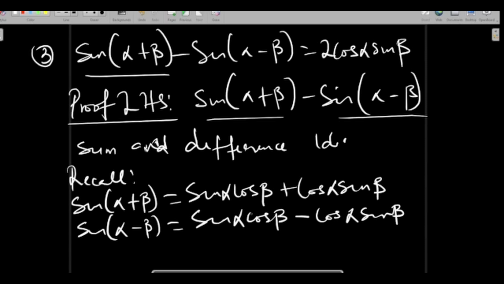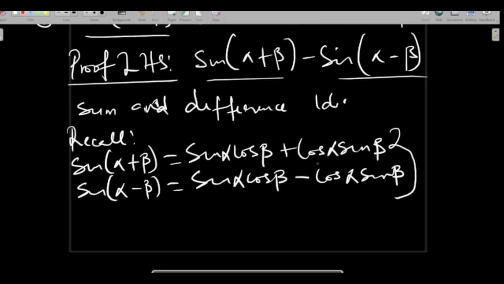These two sum and difference identities need to be memorized by you if you want to really be able to simplify expressions or to prove identities like this. So we're going to show right now, using these two identities, that sine alpha plus beta minus sine alpha minus beta, all in bracket, is equal to 2 cos alpha sine beta.